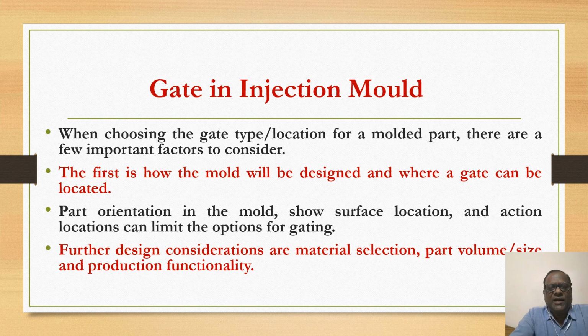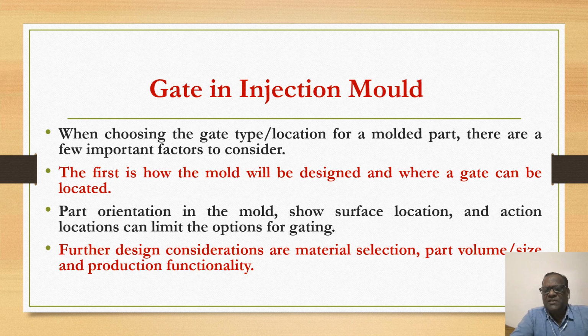While choosing a gate or the location of the gate for a molded part, there are a few important factors to consider. The first is how the mold will be designed and where the gate will be located. Nowadays we use many software tools so that we can do different iterations by locating the gate at different locations, to check the optimized location for the gate.